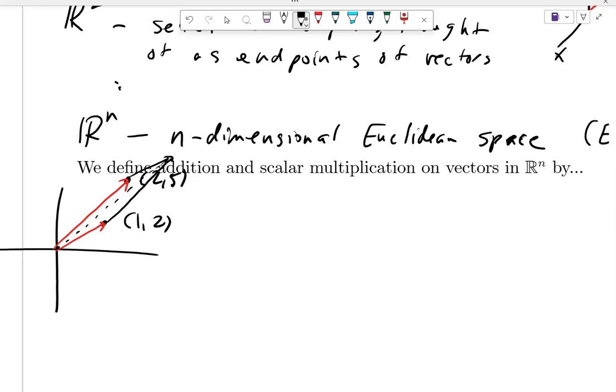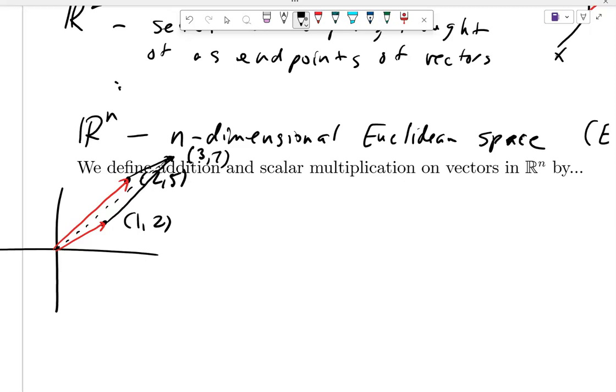And the way we add then is what? Well, to get to this point, I can think about first moving it in the x direction. The first vector moved it 1 unit in the x direction. The second vector moved it 2. So I must be 3 units in the x direction. In the y direction, the first vector moved it 2 units. The second vector moved it 5 units. So I must be at 7 in the y direction. And so that's how we add it. We end up adding it component-wise.